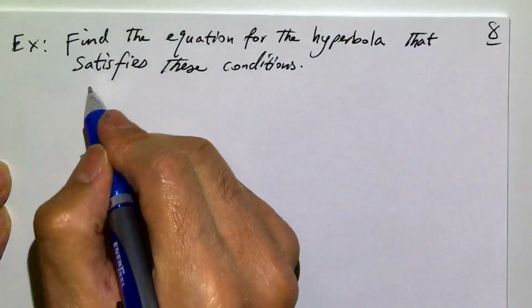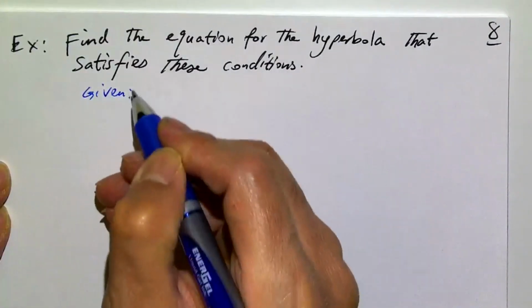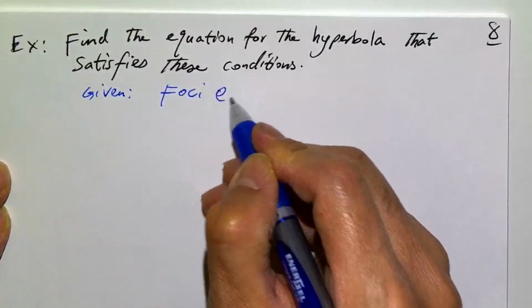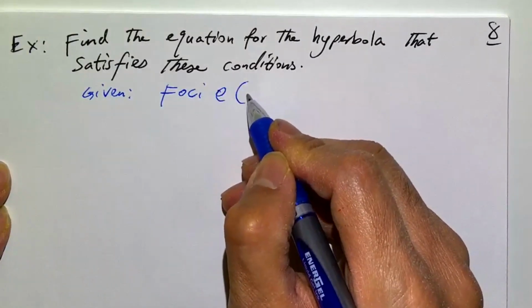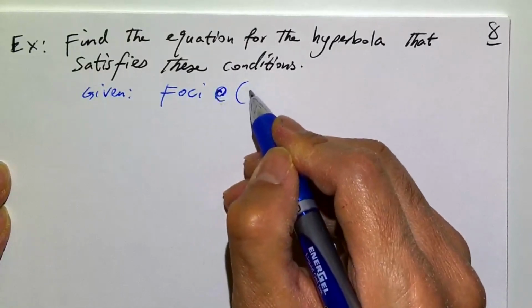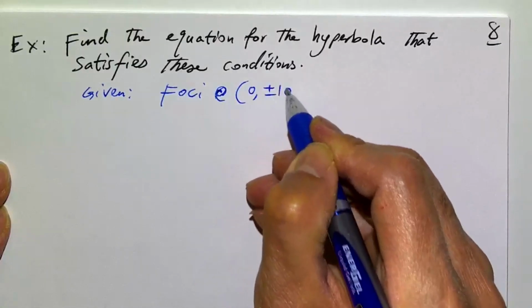So we have a set of conditions given to us. So given, the foci are at 0, comma, plus or minus 10.